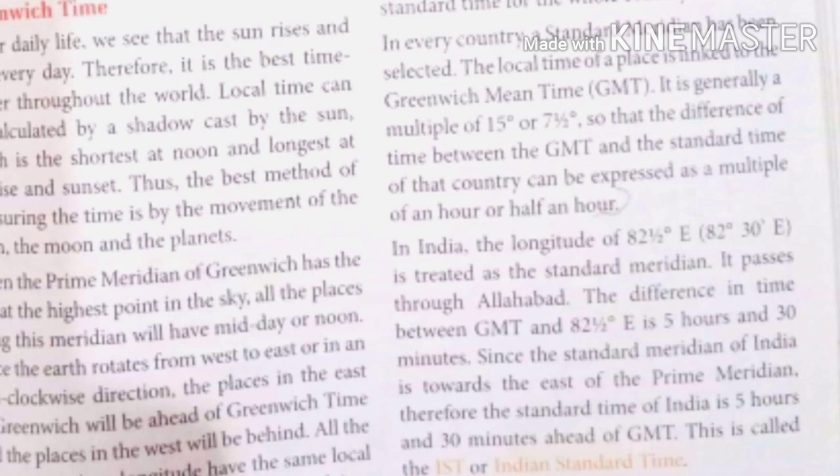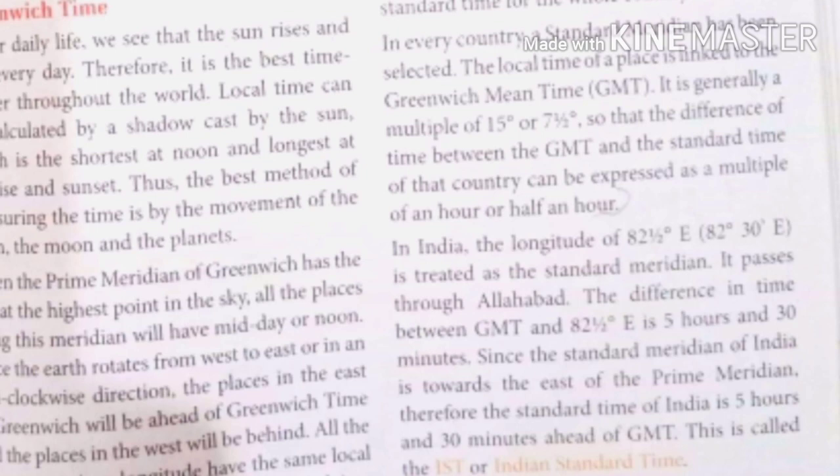According to the rotation of the earth, 15 degrees is considered as 1 hour, and 7.5 means 30 minutes. So the difference of the time between GMT and the standard time of that country can be expressed as a multiple of an hour or half an hour.